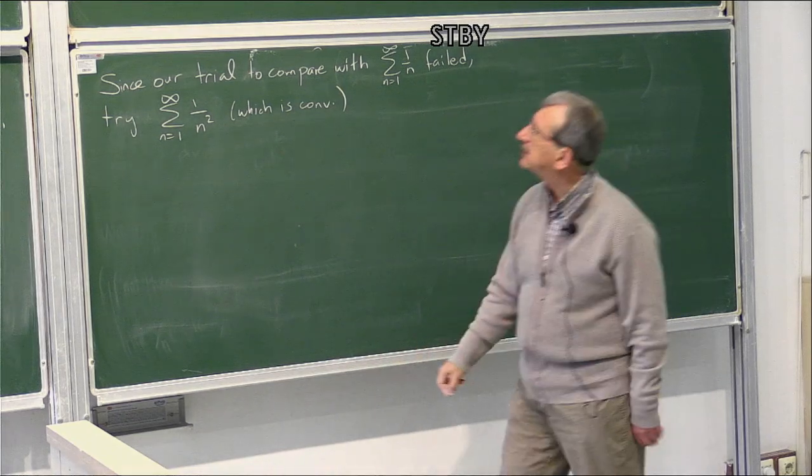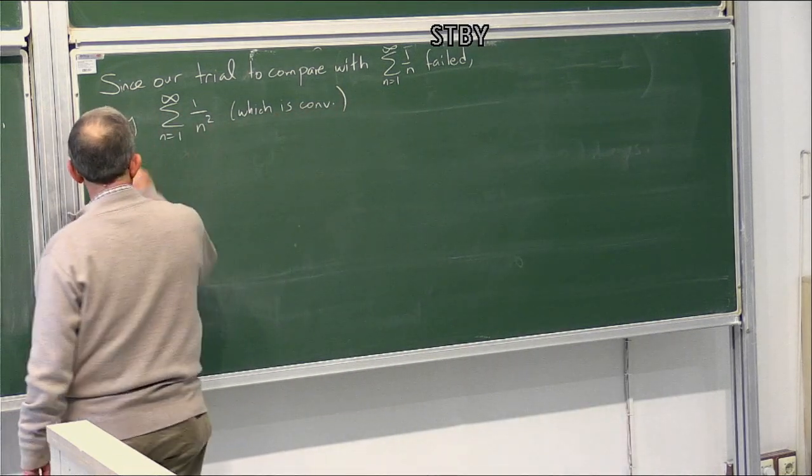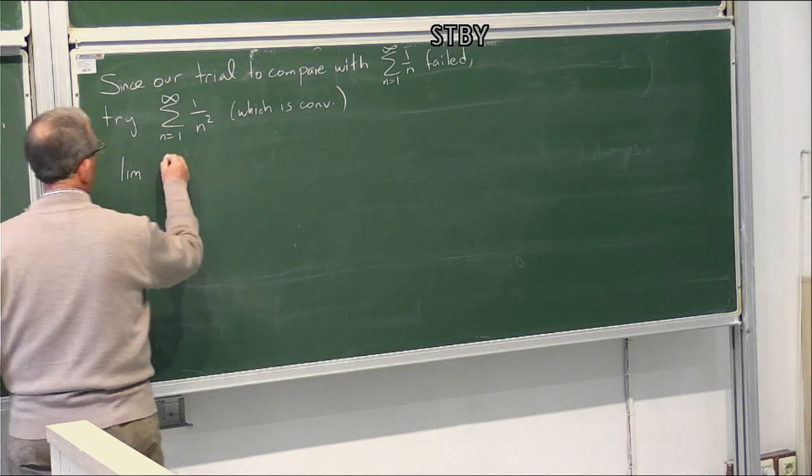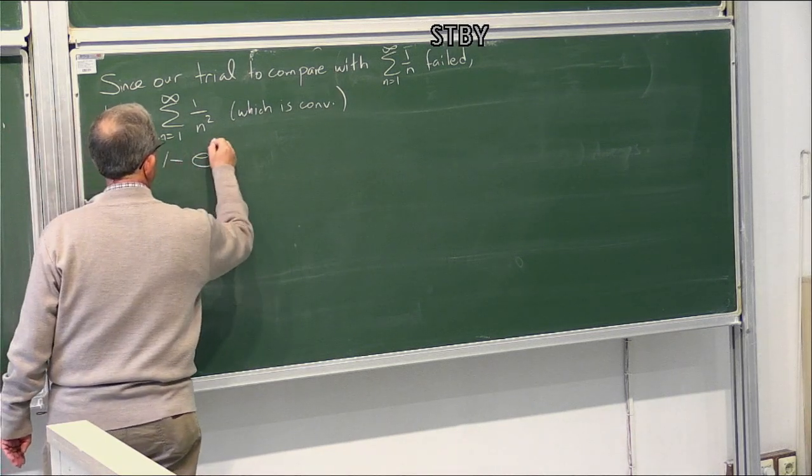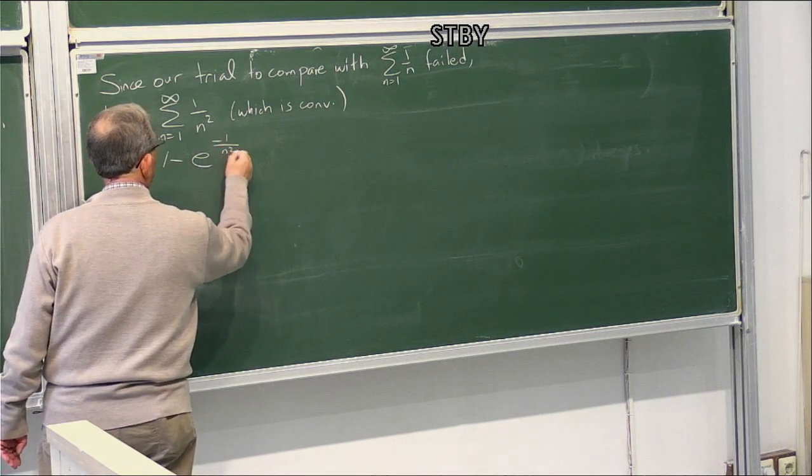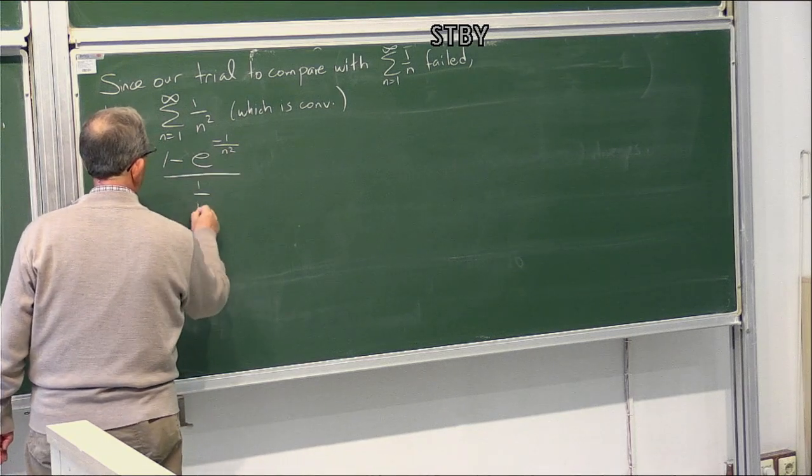That means, okay, we look at the limit of 1 minus e to the minus 1 over n squared divided by 1 over n squared.